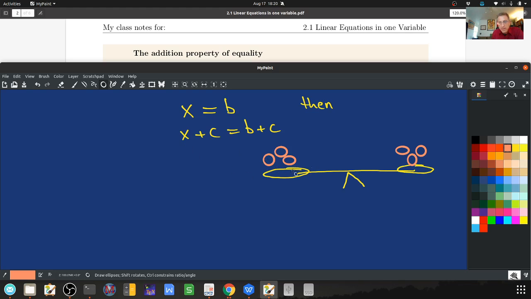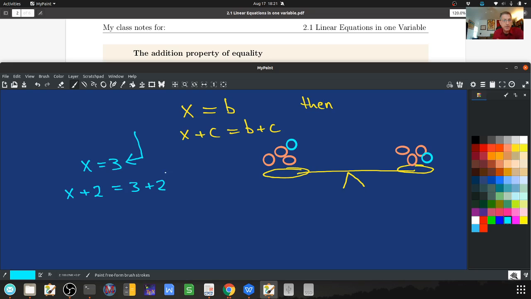If it's balanced, balance meaning equality, and I add another ball to one side, to keep the balance I have to add it to the other. For example, an actual example, let's say x is equal to 3. If that is true, then x plus 2 is equal to 3 plus 2. I added 2 to both sides, and clearly the solution to this equation is obvious.